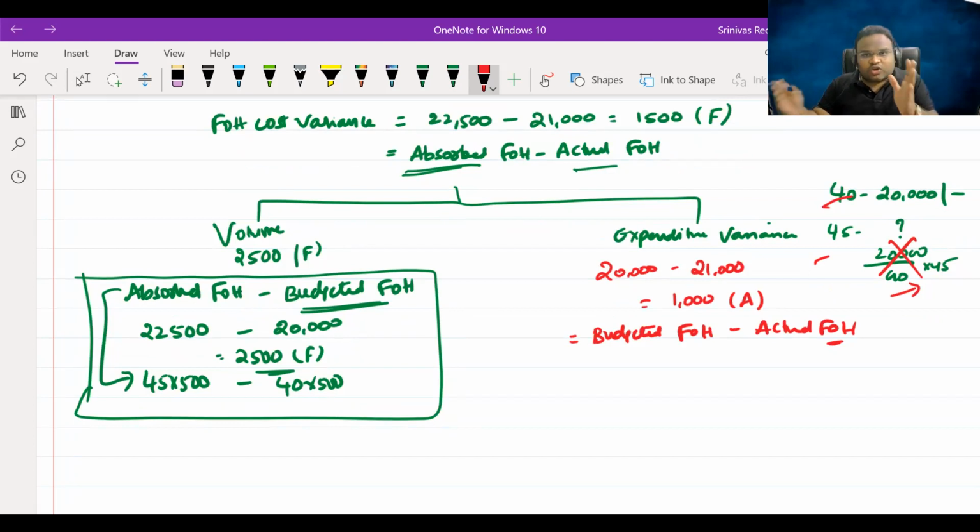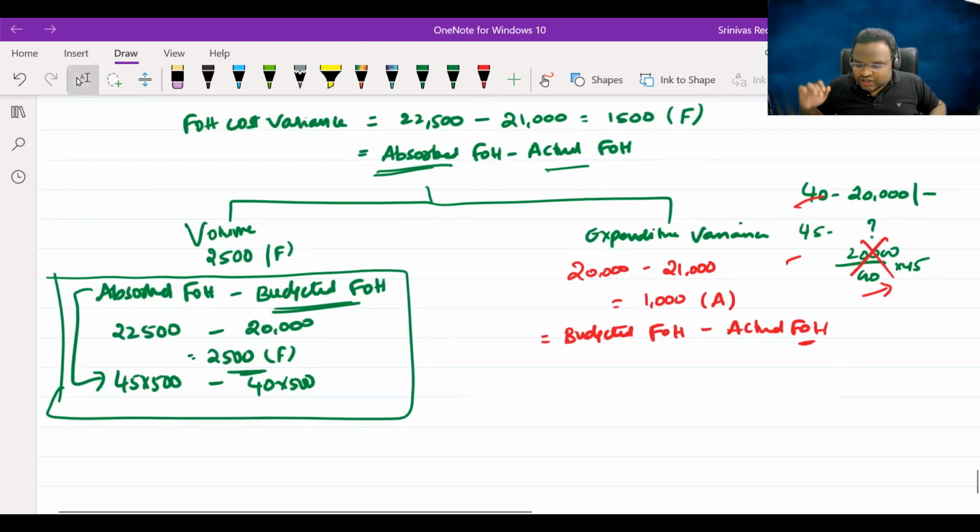That means in fixed overhead cost variance, I need 3 types of overheads. What are the 3 types of overheads? Please repeat with me: budget fixed overhead, absorbed fixed overhead, actual fixed overheads. In majority of cases, budget fixed overheads and actual fixed overheads will be given in the question.